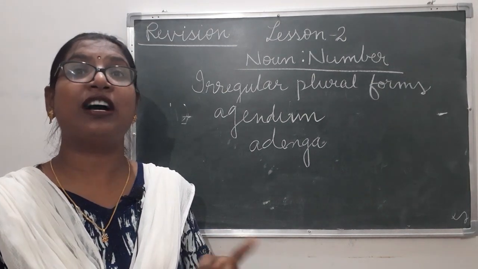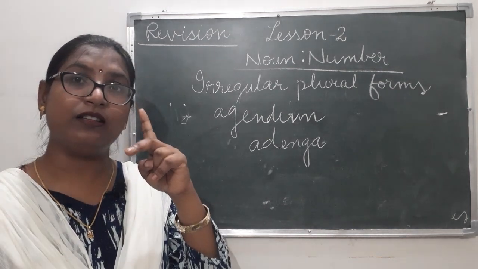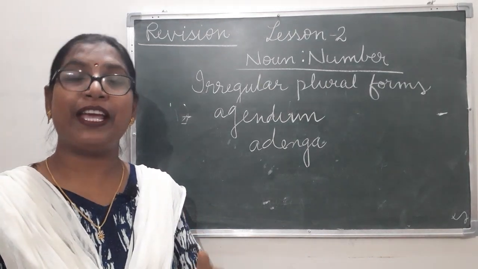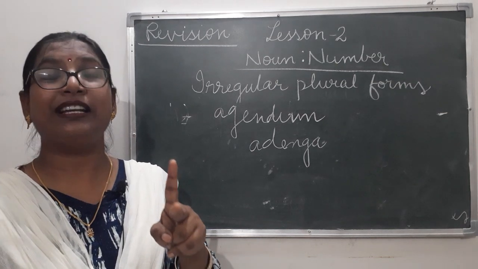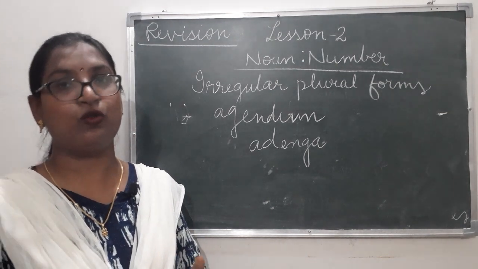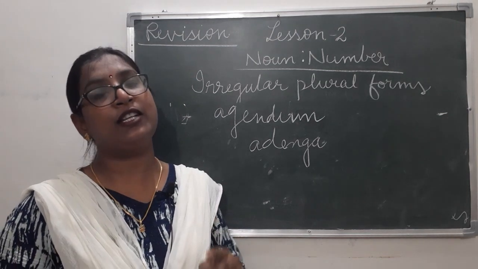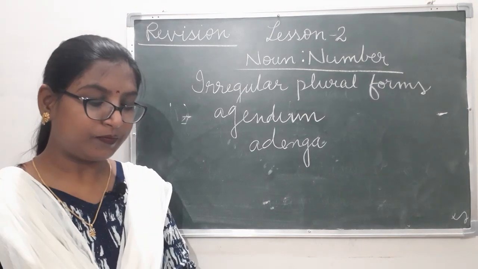We never say trouser. It is always trousers. We never say spectacle. It is always spectacles. Because all these are in pairs. They have two essential parts. So, we call them always in plural form. And with them, we always use plural verbs.